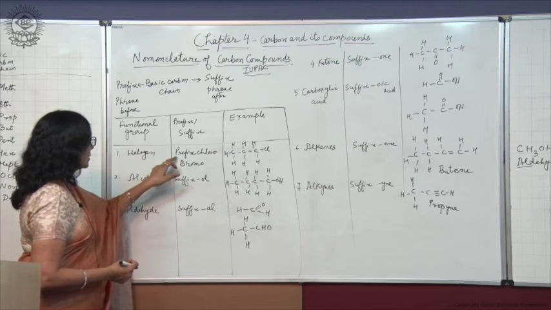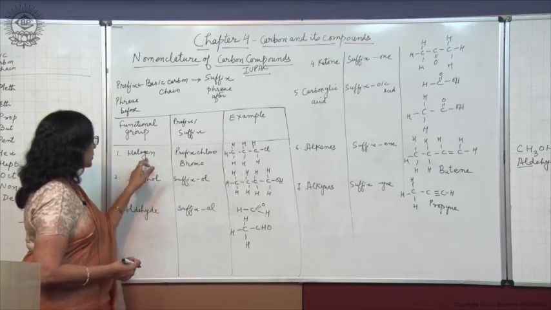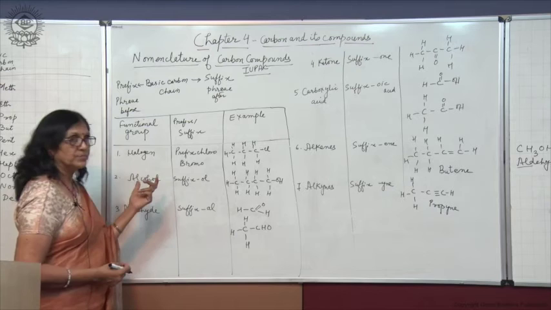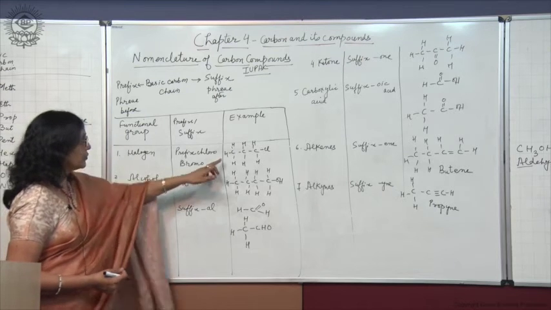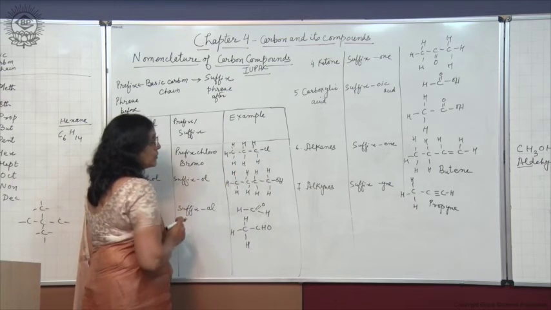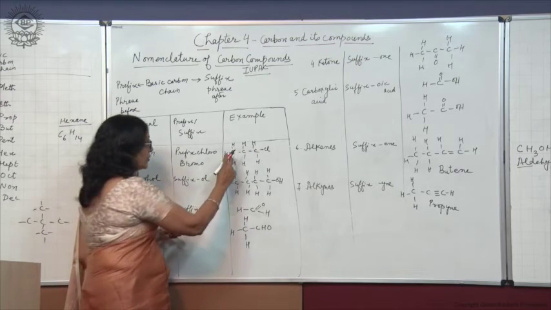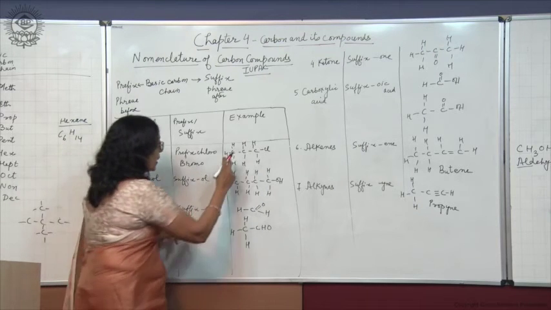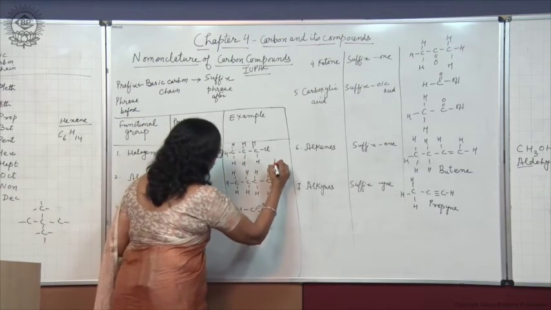Here the presence of a halogen group will be indicated by the prefix chloro, bromo. In this case also the same procedure is followed. First of all, identify the longest carbon chain. How many carbon atoms are there in the basic structure? Count 1, 2 and 3. So, prop.